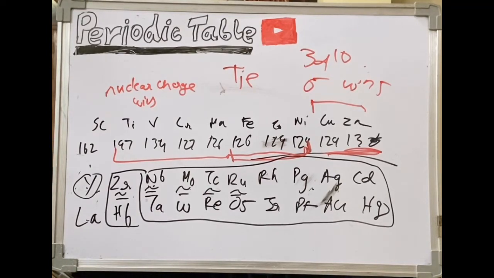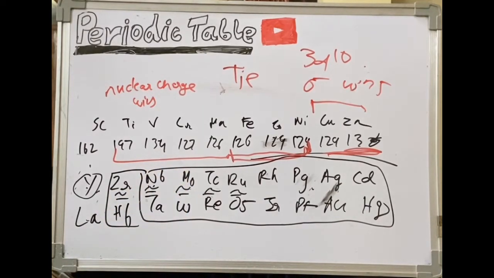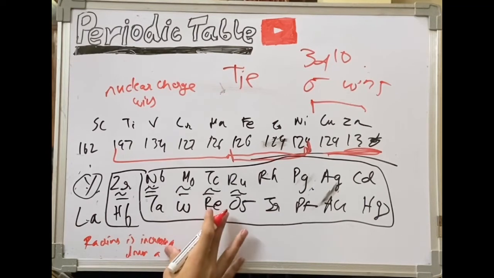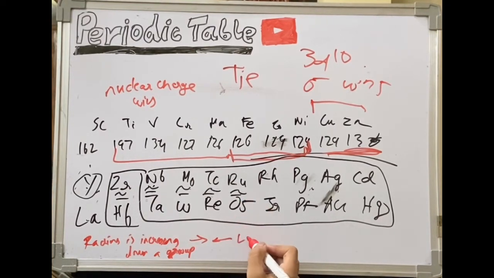Now due to the lanthanide contraction, the atomic radius is decreasing, which counterbalances the increment in radius due to the fact that we are coming down the group. So the radius increasing down a group is counteracted by lanthanide contraction.